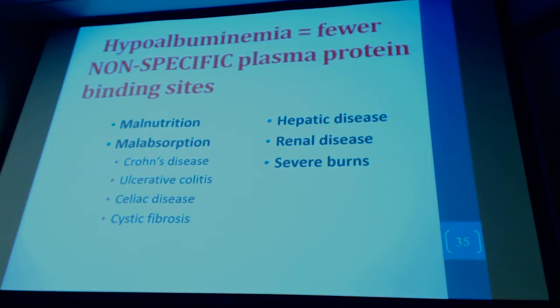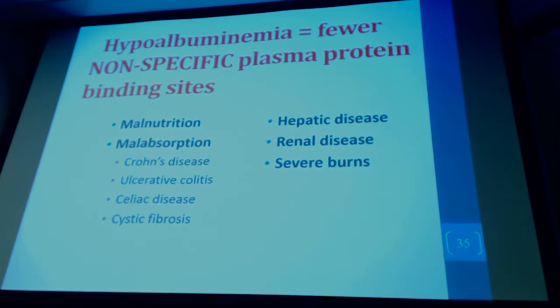Now, sometimes your patients are malnourished. They do not have a serum albumin level that's within the reference range. They have too little albumin in their bloodstream. And I've given you things that can cause this.